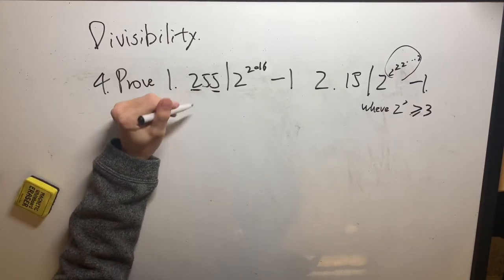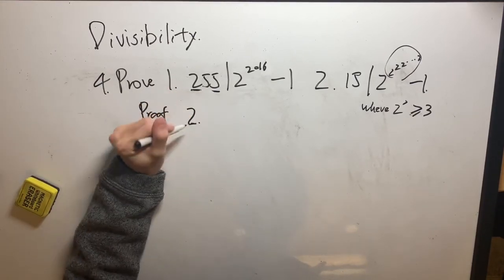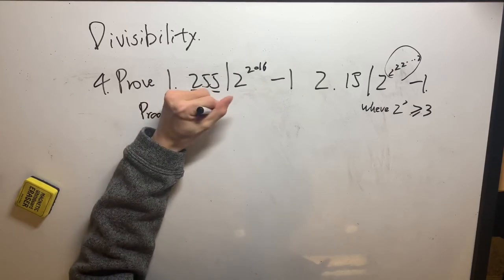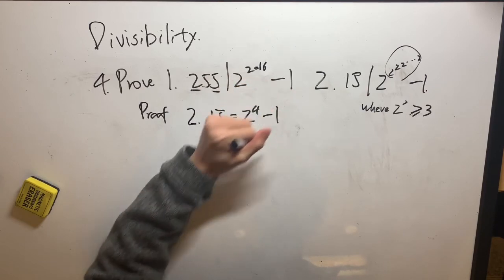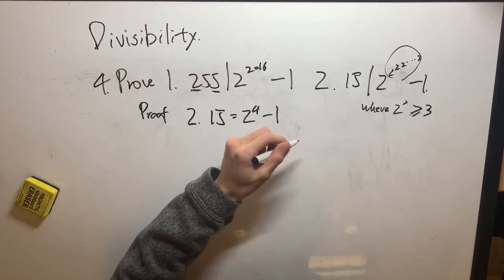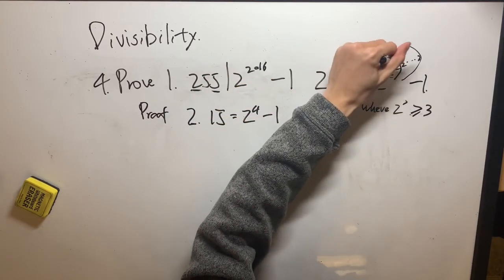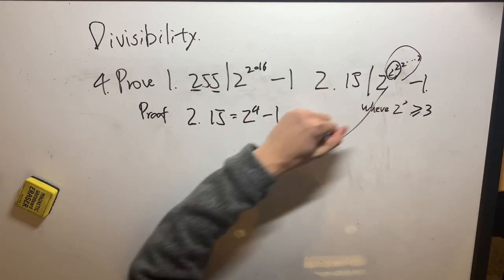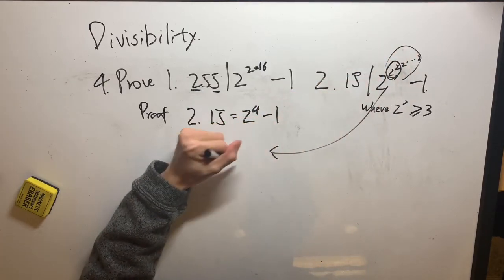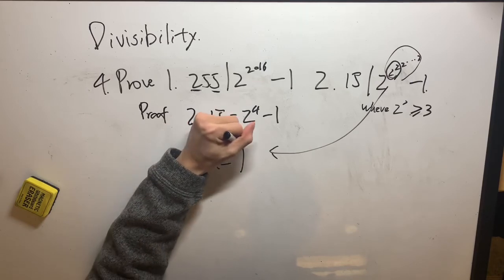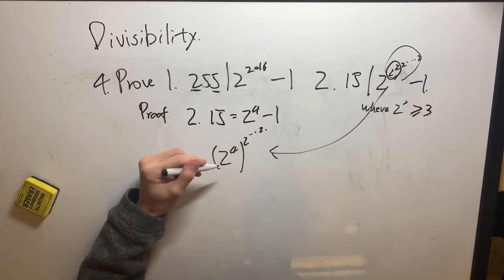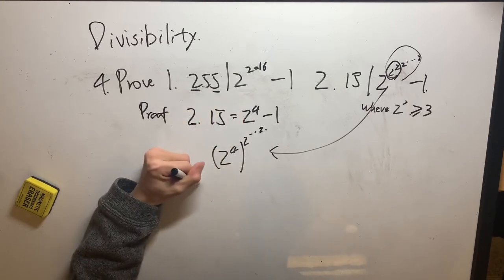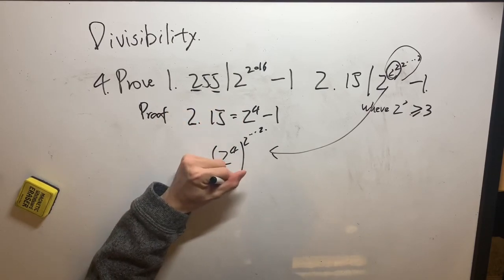For the next one, we can use the same method, as 15 equals 2 to the 4th minus 1, and we can take two of these 2s in the exponent tower to make 2 to the 4th. Thus, a equals 2 to the 4th and b equals 1.